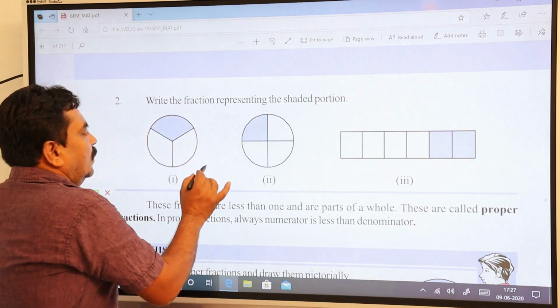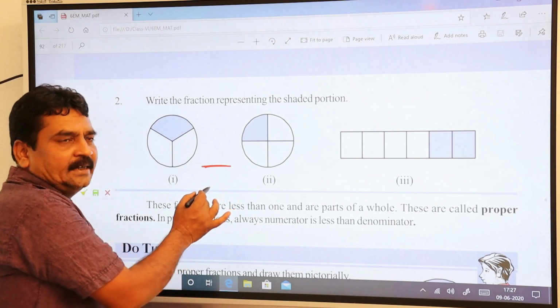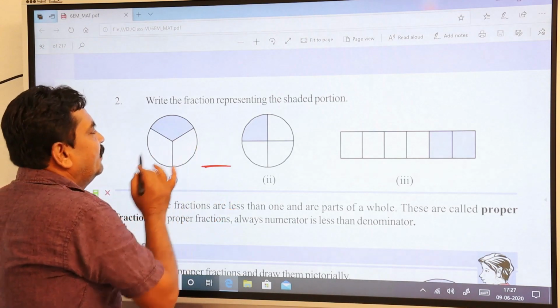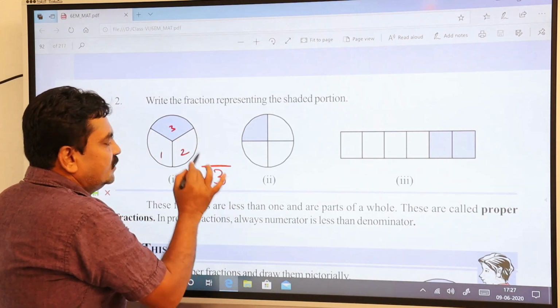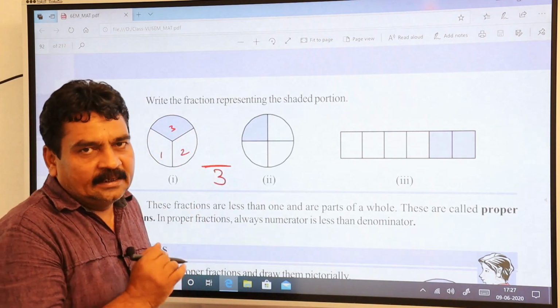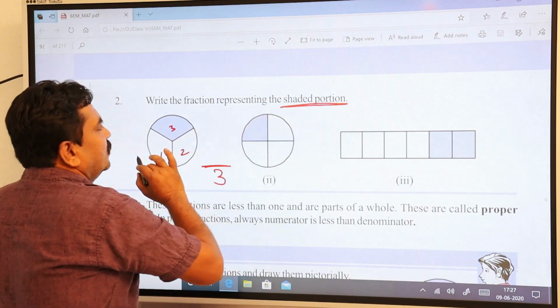Here, how much should I write in the denominator? How many parts do you have? This is 1, this is 2 and this is 3. So the total is 3. Write 3 in the denominator.